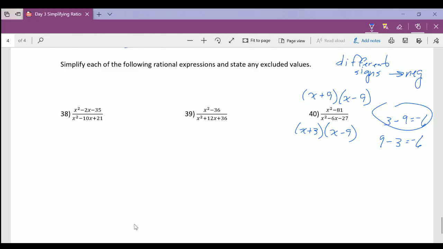Okay, now stop. Wait a minute. Before we finish up the problem, I want to go ahead and take a look at both pieces of the denominator. We do need to look at x plus 3 equals 0, and we need to look at x minus 9 equals 0.